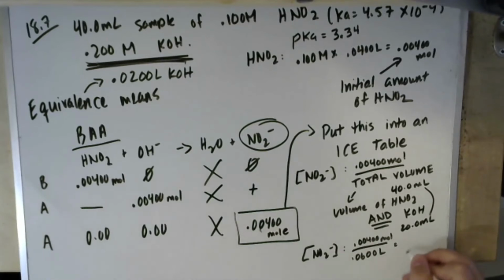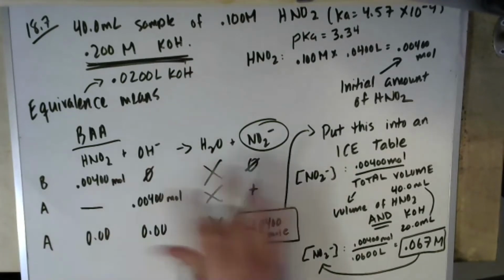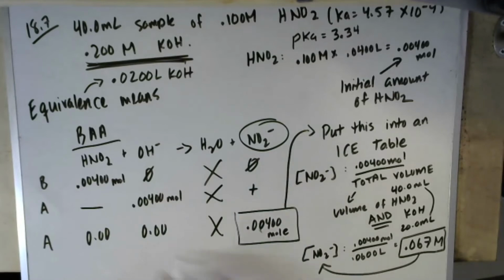And we get a concentration of 0.067 molar. So this is the concentration of our nitrite ion. And this is the concentration that we're going to put into the ice table that we're going to form. So I'm going to erase the BA table because we don't need it anymore. Now we need to make an ice table.